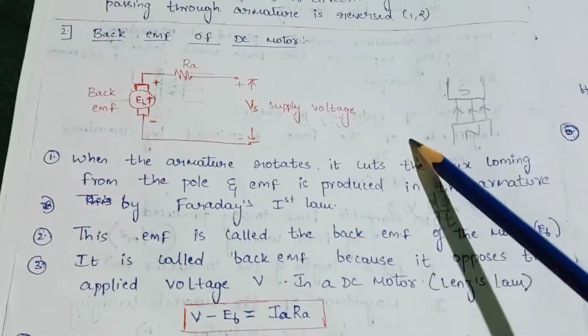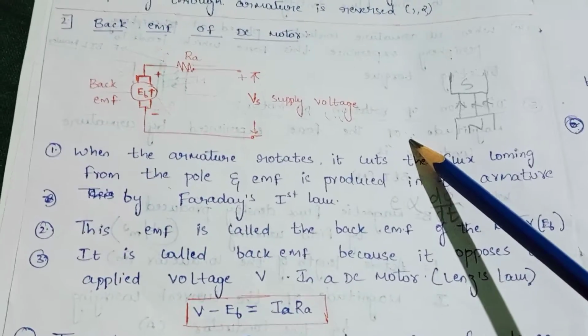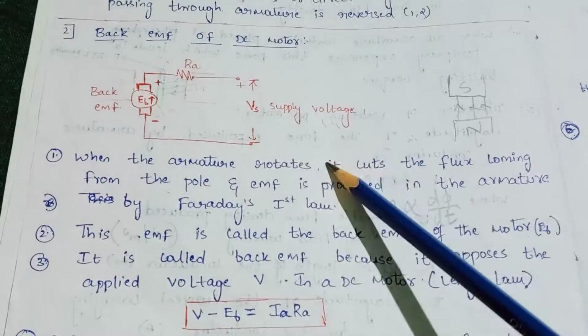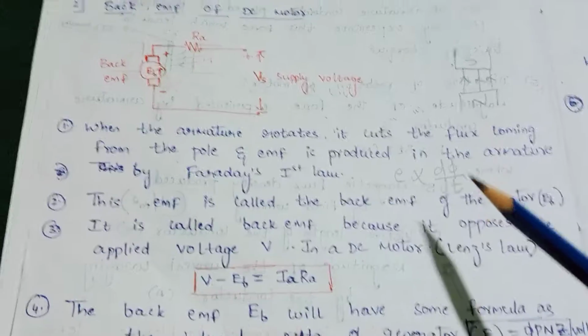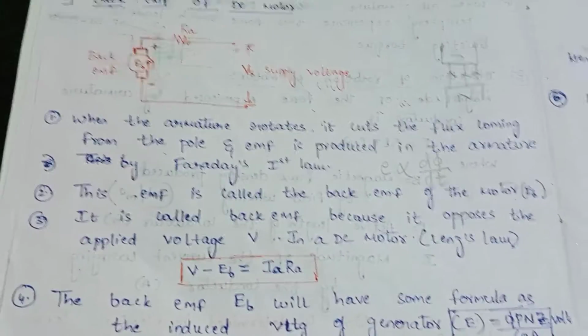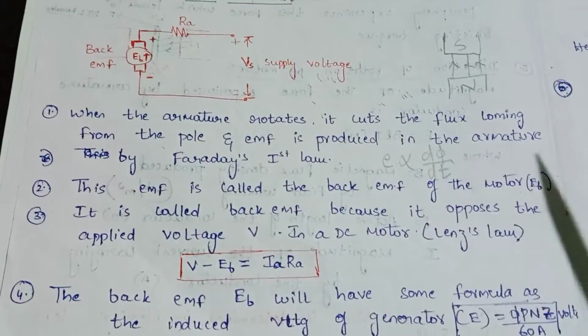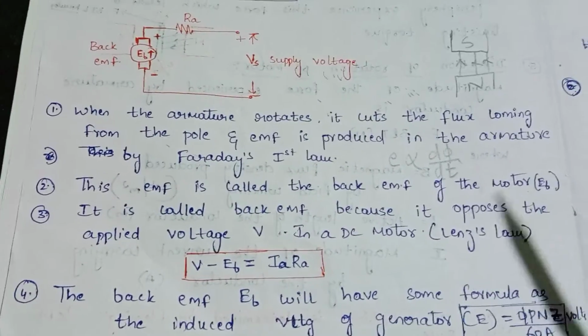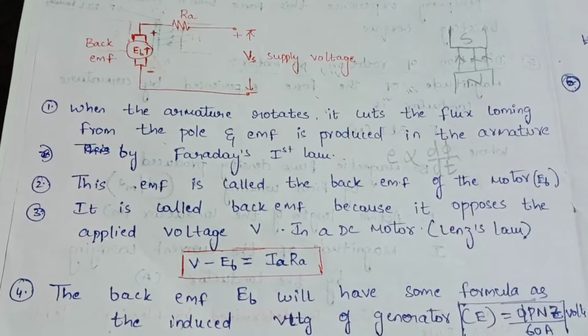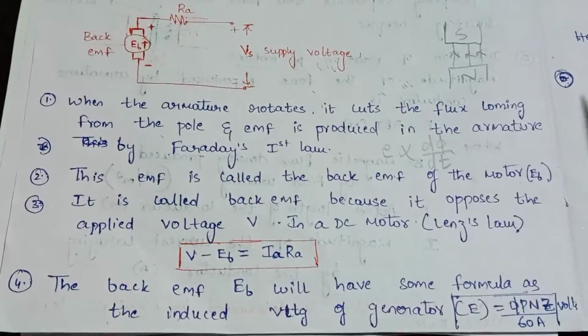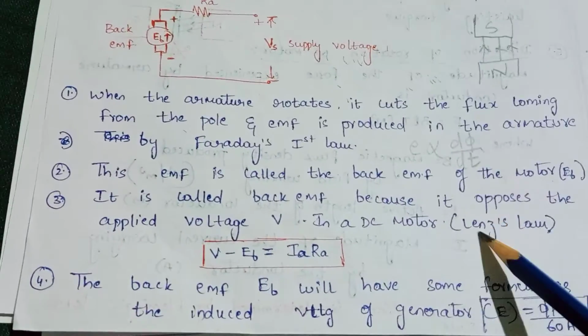But whatever induced EMF we get, it opposes the supply voltage, hence we call it back EMF. This opposition of the supply voltage, like the EMF opposing the source which is causing it, is nothing but Lenz's law.